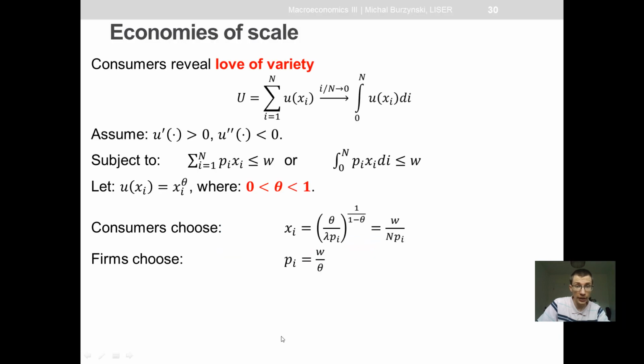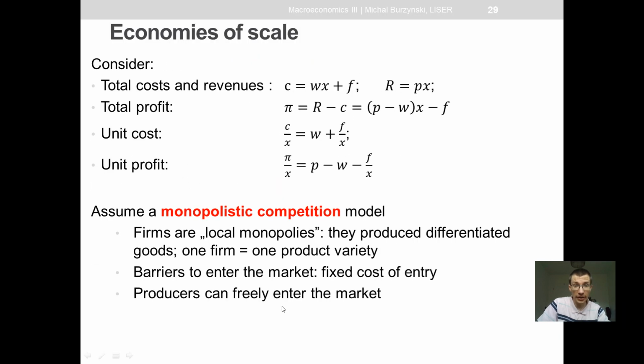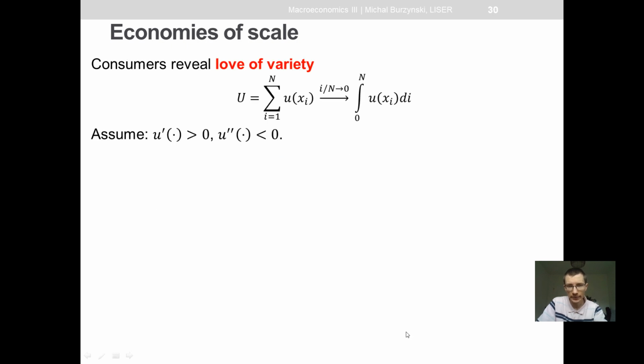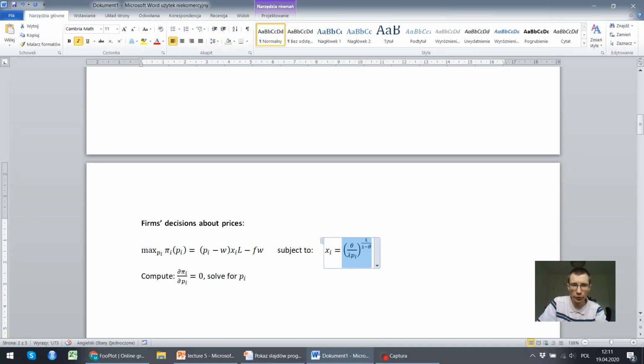This is what we assumed as well. Firms know the demand, producers know consumers' demand and set the prices. This is exactly what you have to take into consideration as well. And firms maximize this profit with respect to our constraint that they know the demand function for their good.